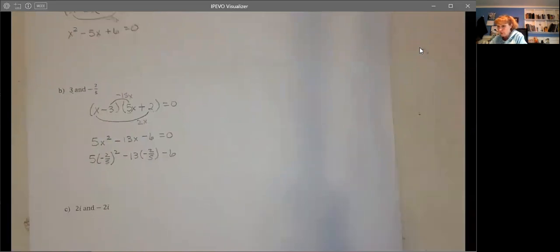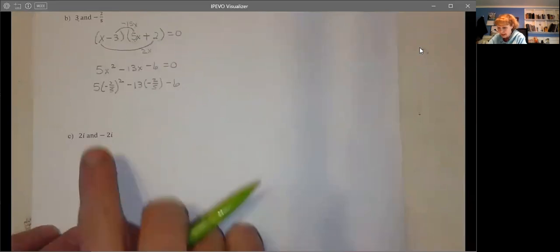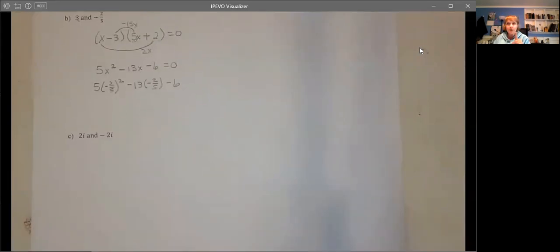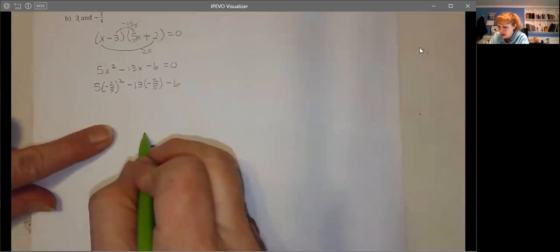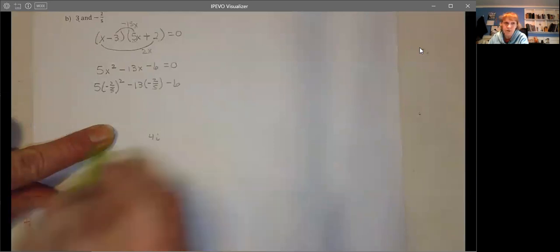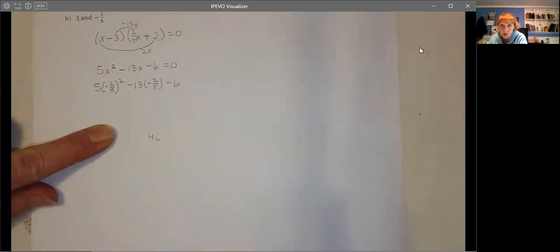Okay, let's try one. You can have imaginary solutions. Notice that they're conjugates of each other. It's a 2i and a negative 2i. So if for some reason a teacher were to say 4i is a solution, it's not the only solution.